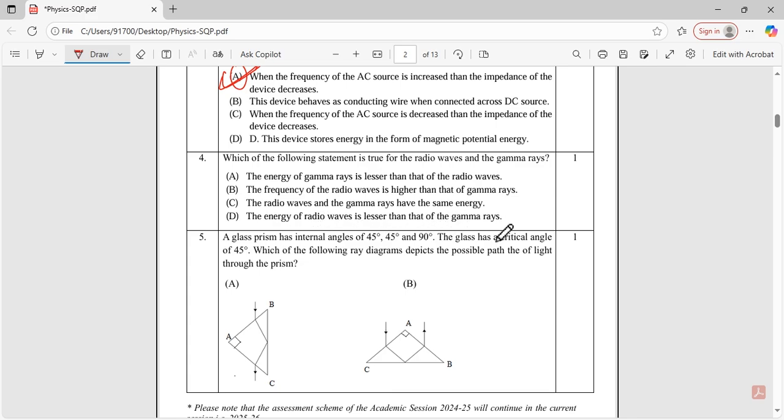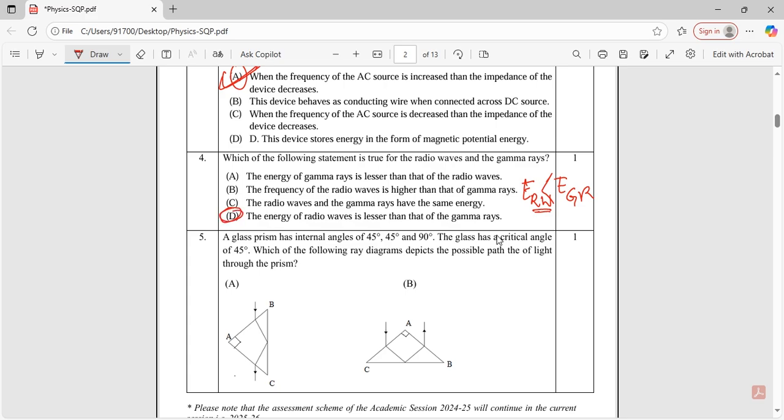If the frequency of radio waves is lesser than gamma rays, obviously the energy of radio waves is lesser than gamma rays. So option D is correct.